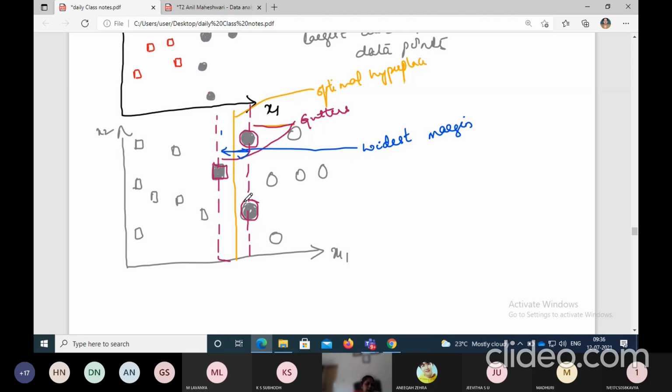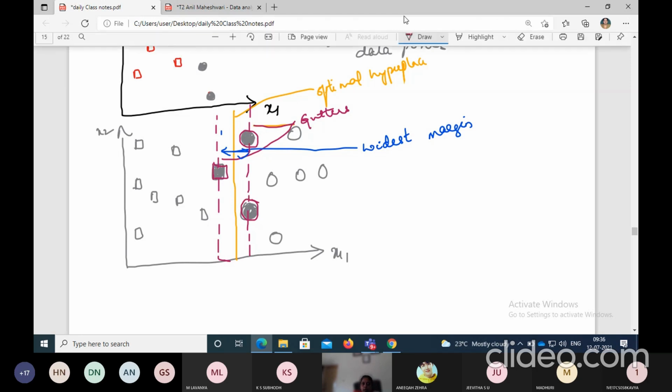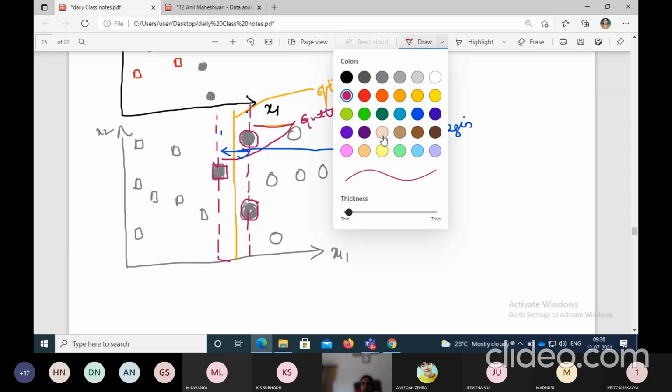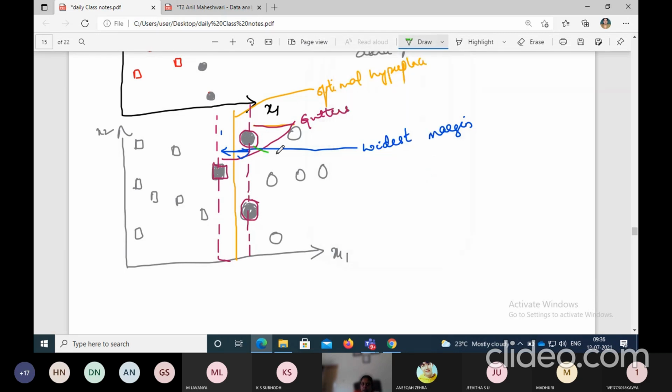These points are called the support vectors. I'm drawing them in green, the points which are falling on the gutter. Okay, sorry, let me take it once again.